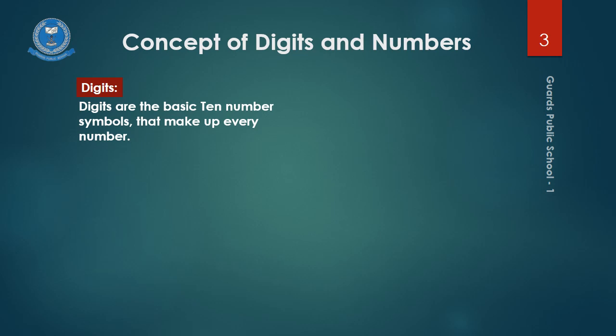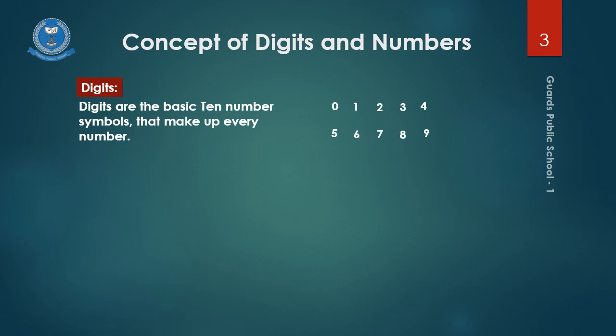Like as you see on the right side, there are some numbers: 0, 1, 2, 3, 4, 5, 6, 7, 8, and 9. Actually, these are all digits. They are all single digit numbers that we use in our daily lives.